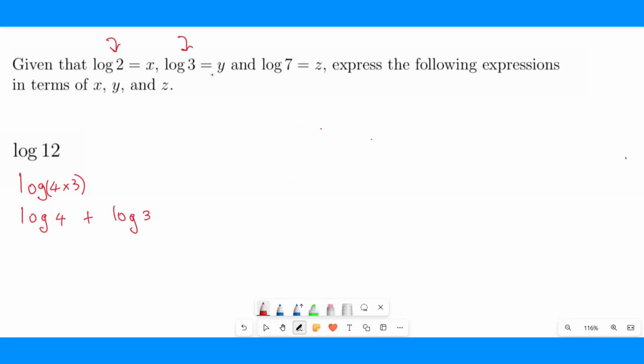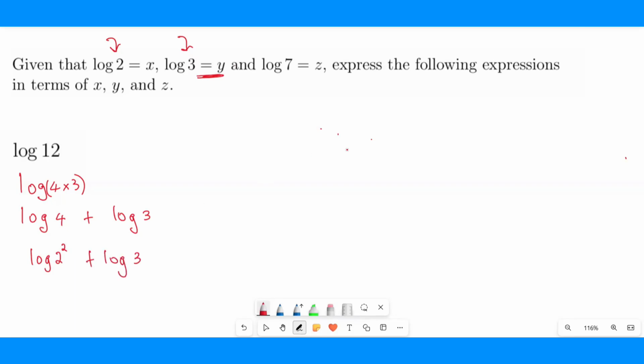All right. Now we already know that log 3 is y, but log 4 is not here. But we can represent log 4 as log of 2 to the second power, because as you see, 2 to the second power is 4, and this is plus the log of 3.